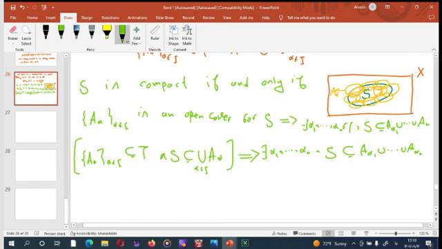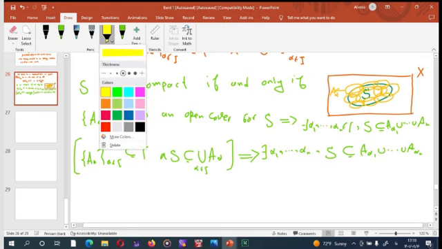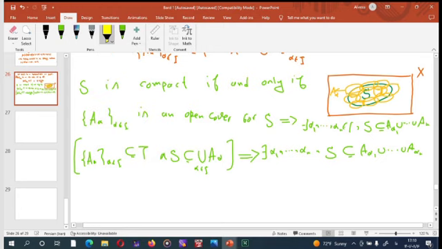If we have these two properties, then a finite number of these elements cover S or contain S. And this is the definition of a compact set.